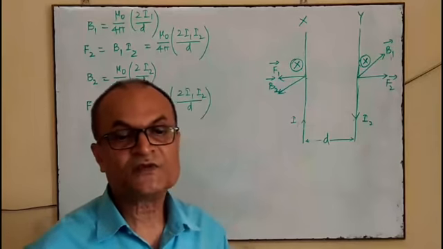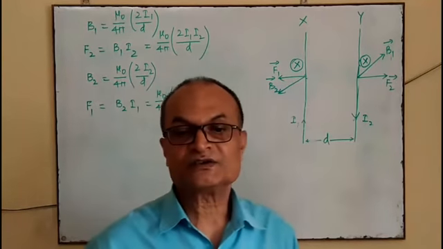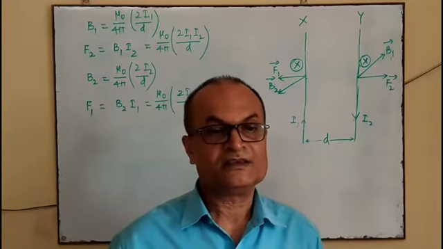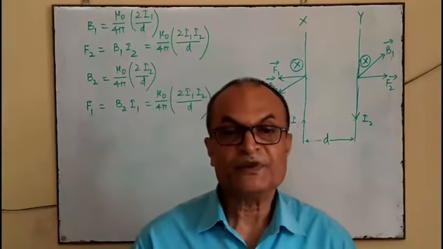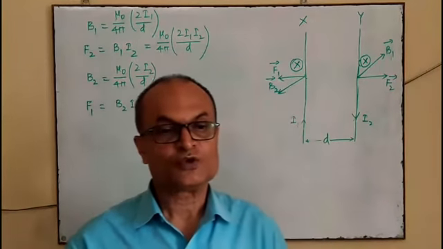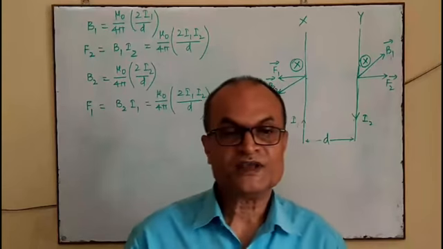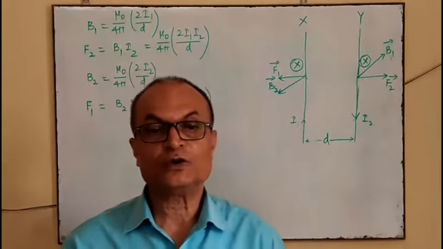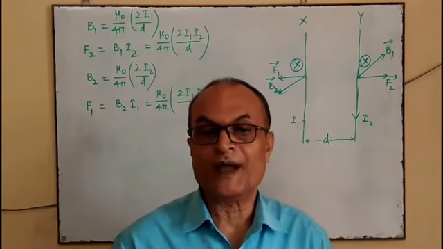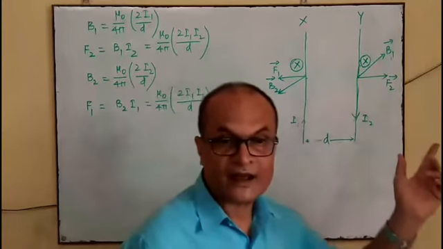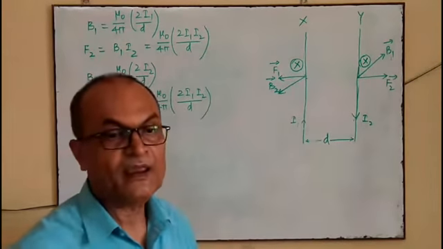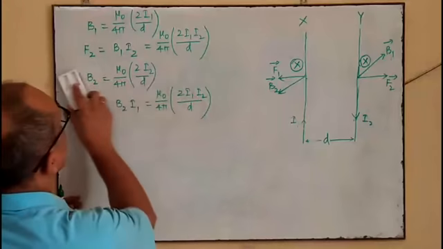Now one thing is very important, and that is the question asked in the examination after that: define ampere, 1 ampere. We know very well that the force experienced per unit length of two infinitely long parallel wires carrying current I1 and I2 is given by this formula.